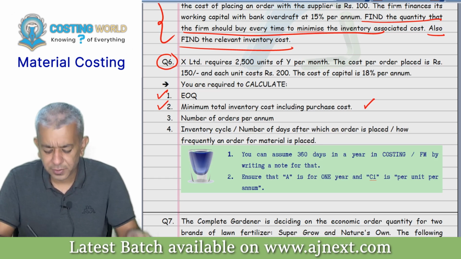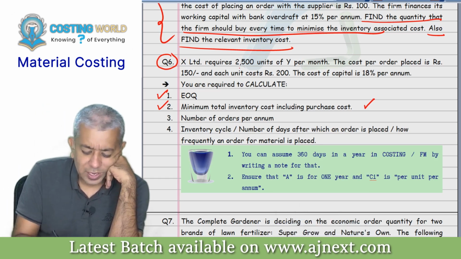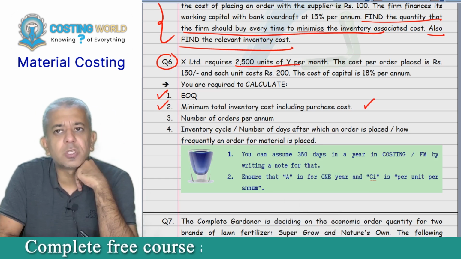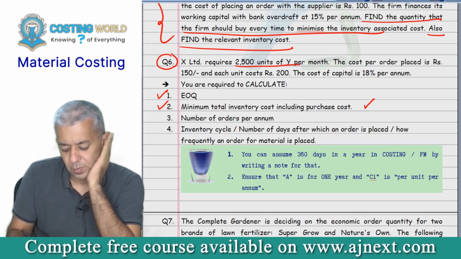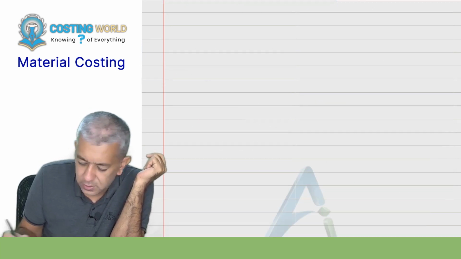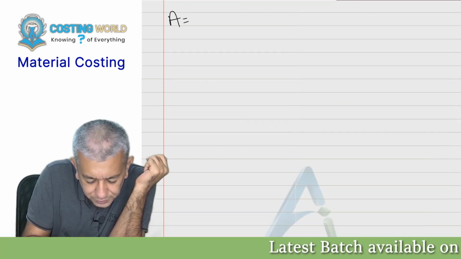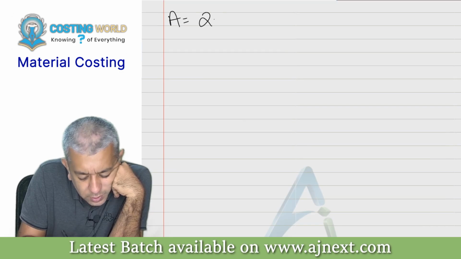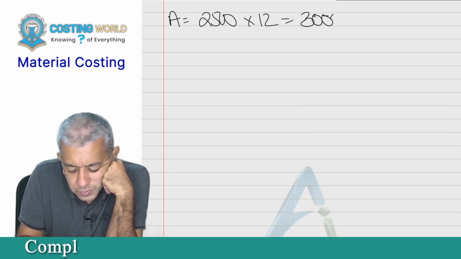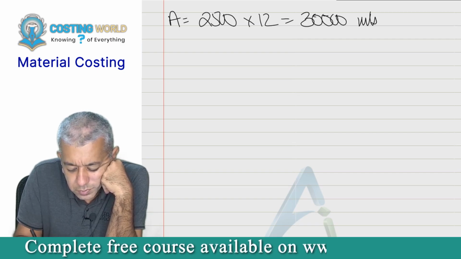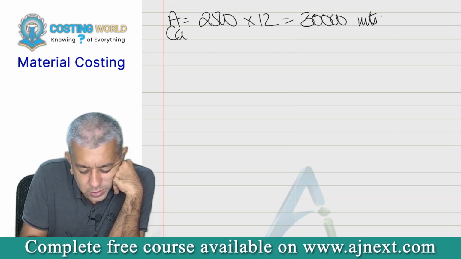We'll start it off. Listen. Can you say this particular thing is A, but you still have to multiply by 12, no? Yes, sir. So therefore, in this case, A is 2500 into 12, 30,000 units.